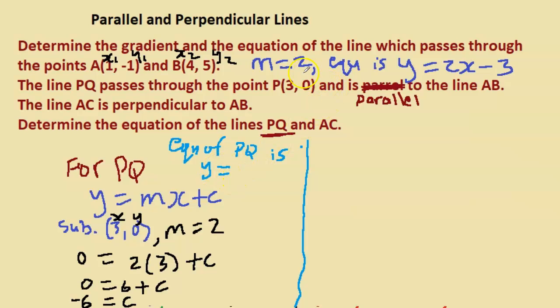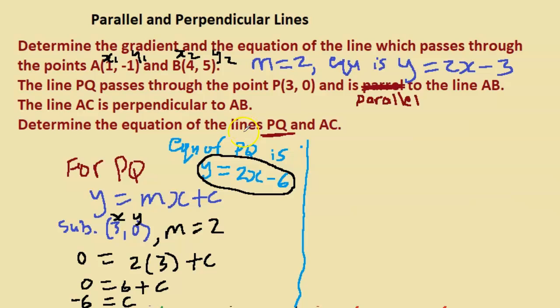Same m as for AB, because PQ is parallel to AB, so the m value is the same. So the gradient is 2, and then the c value is minus 6. Okay, so that's the answer for PQ. The equation of the line is y equal to 2x minus 6.